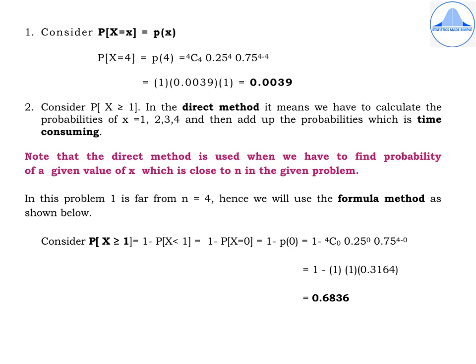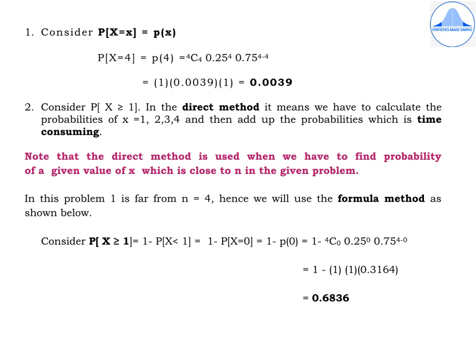If you have greater than or equal to on the left hand side, then on the right hand side the expression will have only x less than 1. So I'll read out the expression again. Consider probability of x greater than or equal to 1. In the formula method, it is written as 1 minus probability of x less than 1.